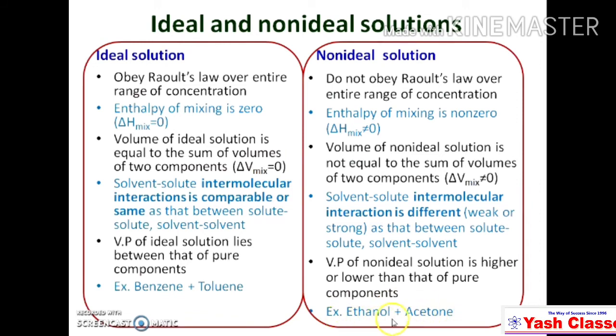Whereas an example of a non-ideal solution is the solution of ethanol and acetone. So the resulting solution is a non-ideal solution.